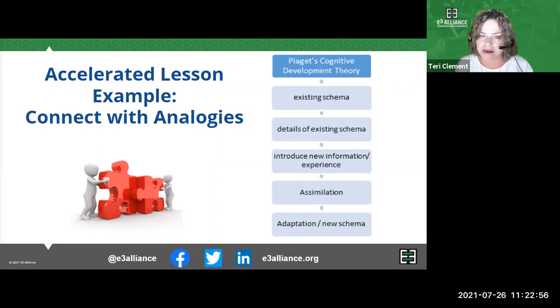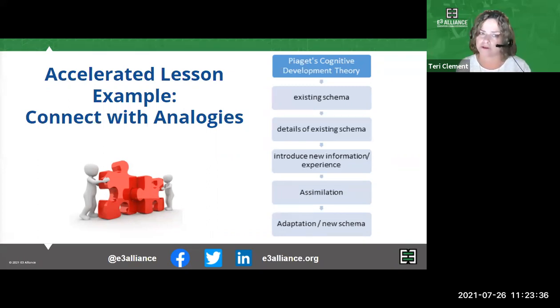Again, I've probably described something like this already, but the idea is that you establish some schema, some way of thinking that's already existing, a practice of understanding with the students, and then you use that schema to put new information into it or upon it, and then carrying that through and really giving the students an experience to assimilate that new information into their schema is this amazing cognitive development process that can really make a difference for students as they are learning new concepts, especially big ideas and complex concepts.